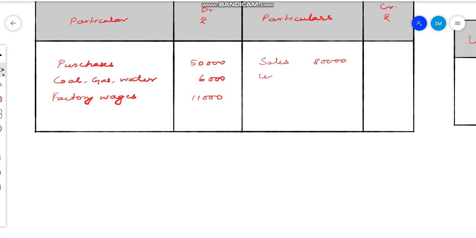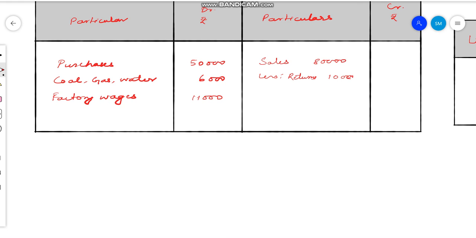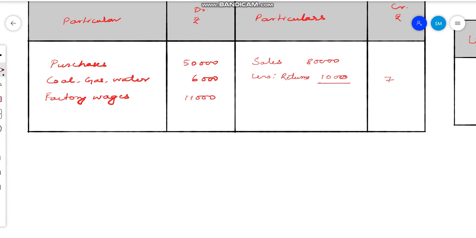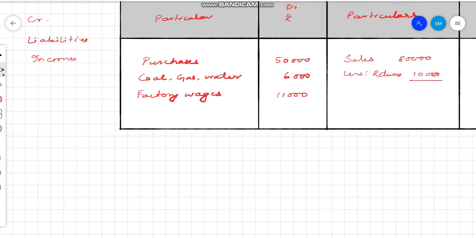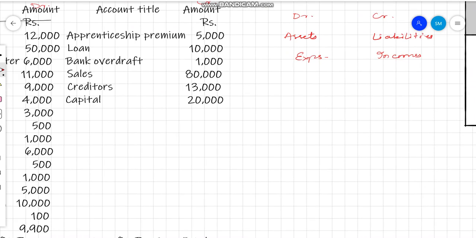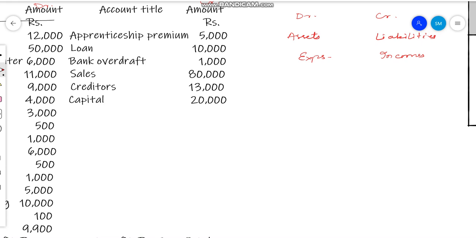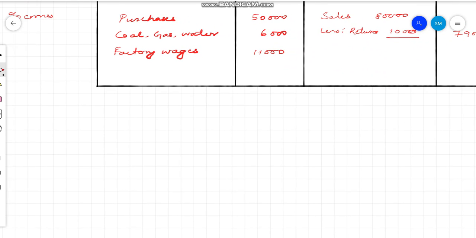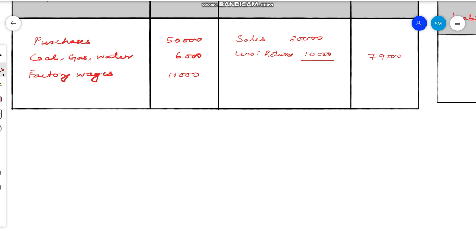Previously we saw there is a sales return of 1,000 rupees, so I will deduct it. Here it comes to 79,000. Creditors are not my income, they are my liabilities. I am supposed to pay this 13,000. Capital goes in the balance sheet. First capital I record. Now nothing else is left.